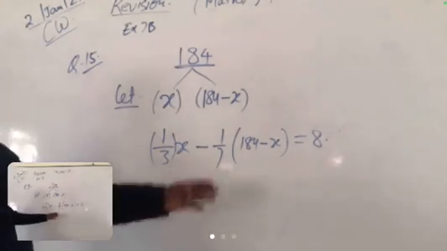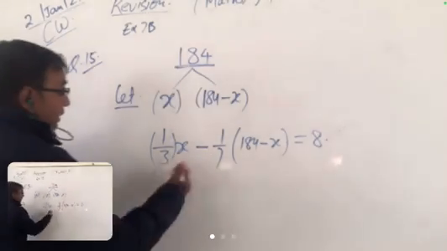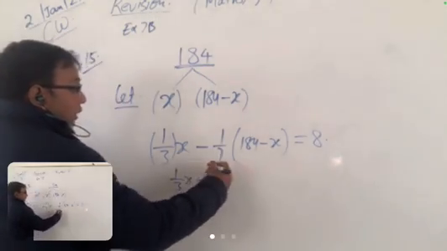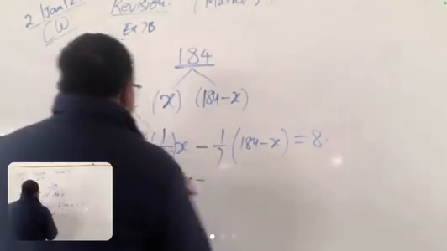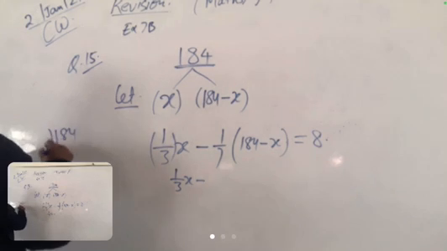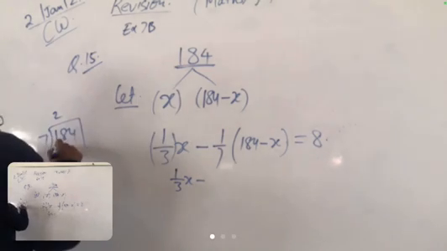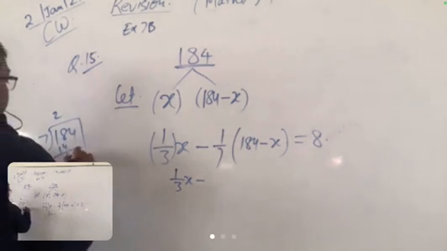So this is the solution. You can just calculate it. This is 1/3x minus... now you can cancel here. 184, I think, is divisible by 7? No. 7 twos are 14 and now it is 44.